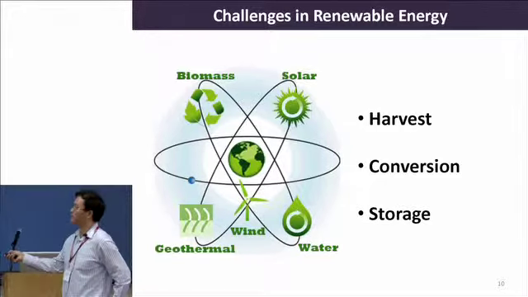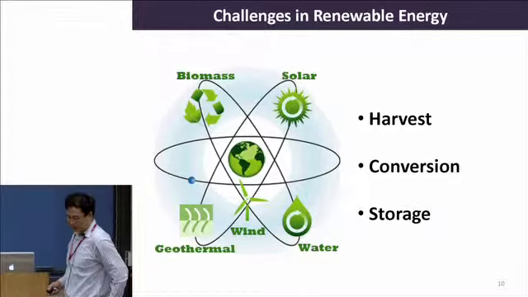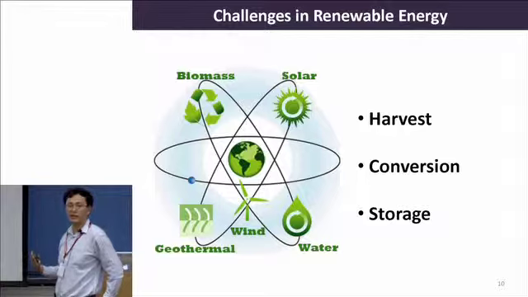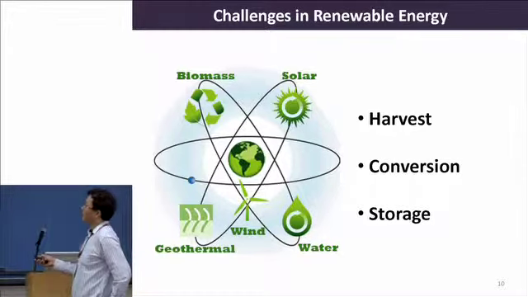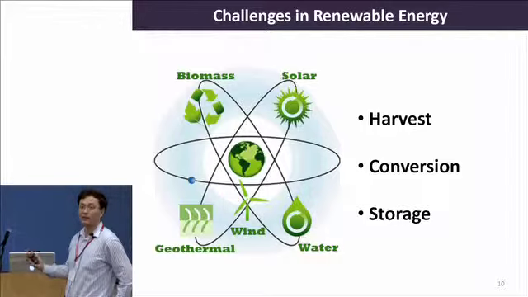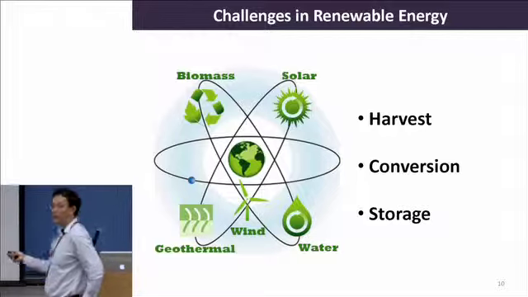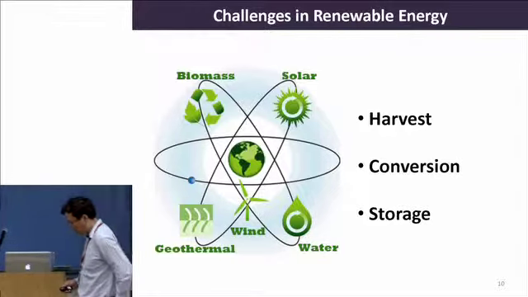So there are all these renewable sources, but the key one is really the sun, right? So the question is, can you harvest the energy better, okay? Especially the solar energy. Can you convert it into electricity, into chemical energy, or other sorts of energy, and then can you store it better? And how does nano play a role in this area?